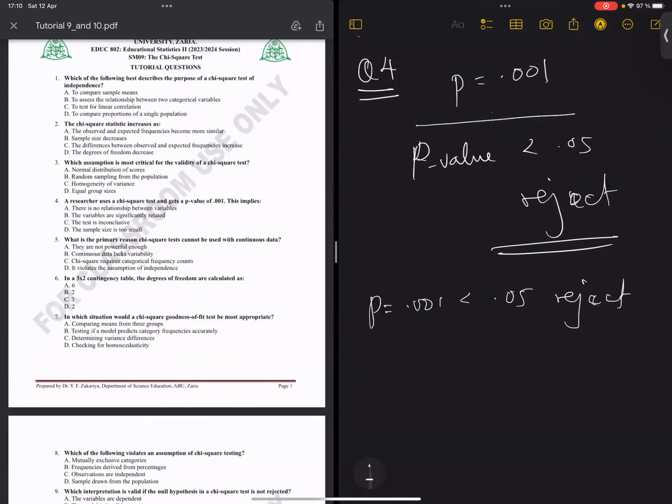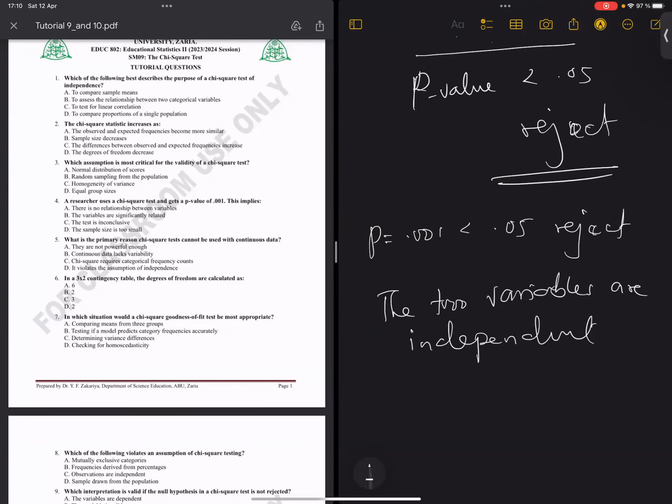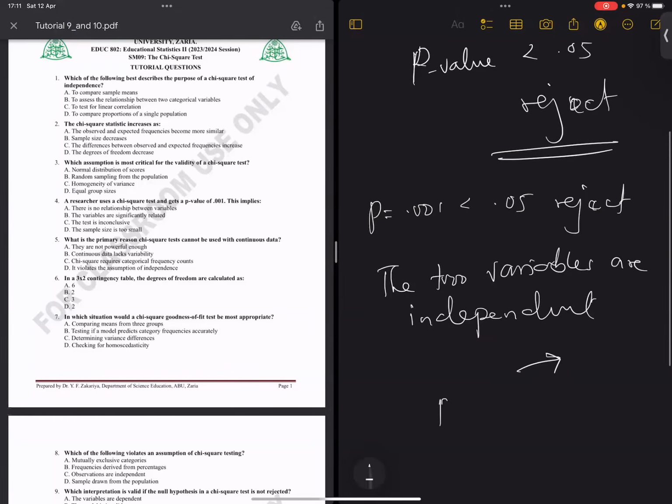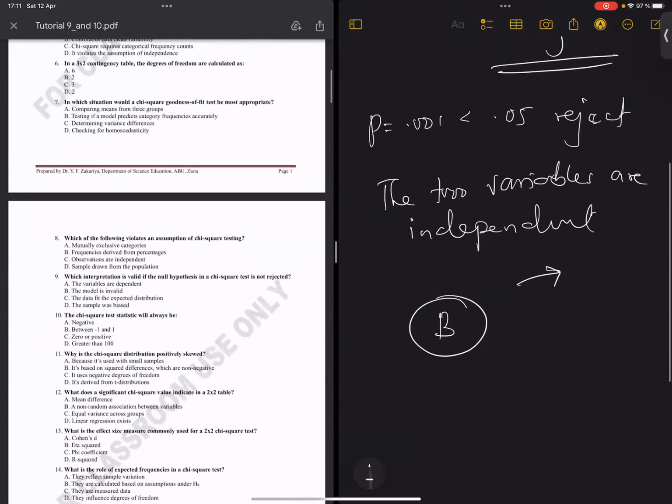Option B, the variables are significantly related, is correct, because the null hypothesis for the chi-square test of independence is that the 2 variables are independent. If you reject this, it means the 2 variables are dependent, are related. Therefore, the right option is option B. Excellent. So we go to question number 8.